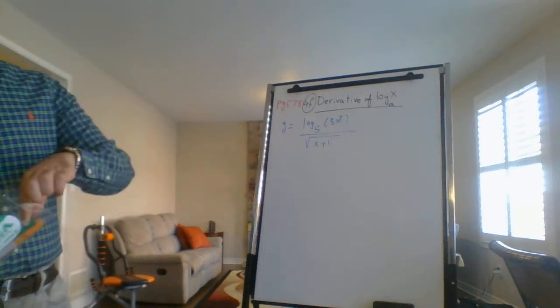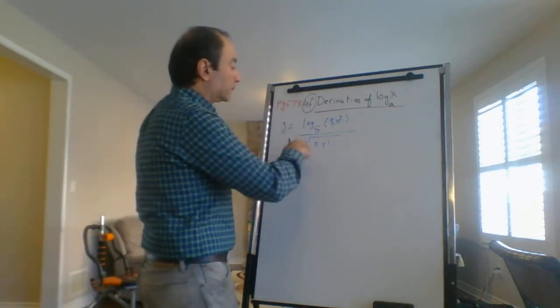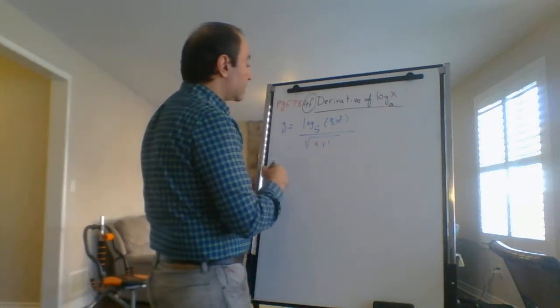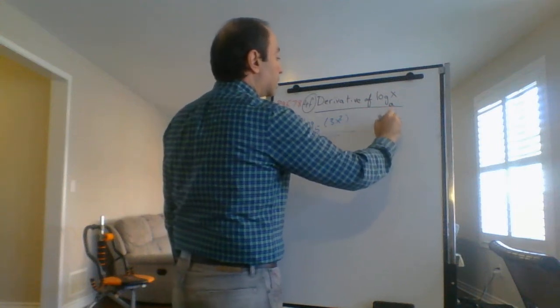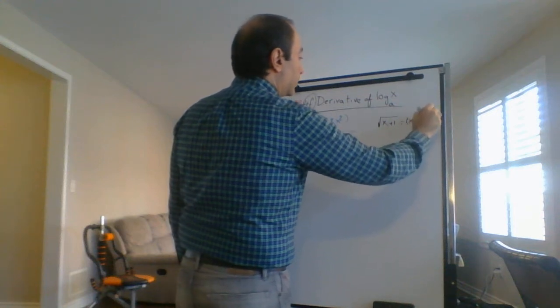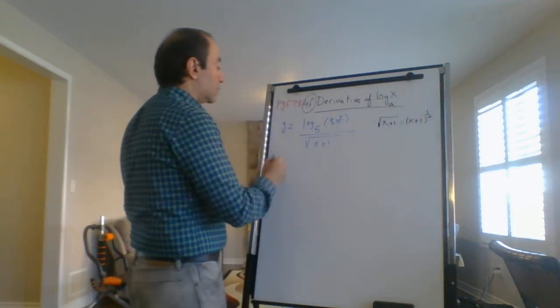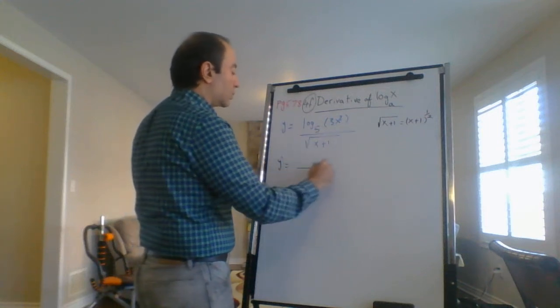So square root of x plus 1 is the same thing as x plus 1 to the power of 1/2. Don't forget that. Okay. So when we find y prime, I have to use the quotient rule, so low squared.